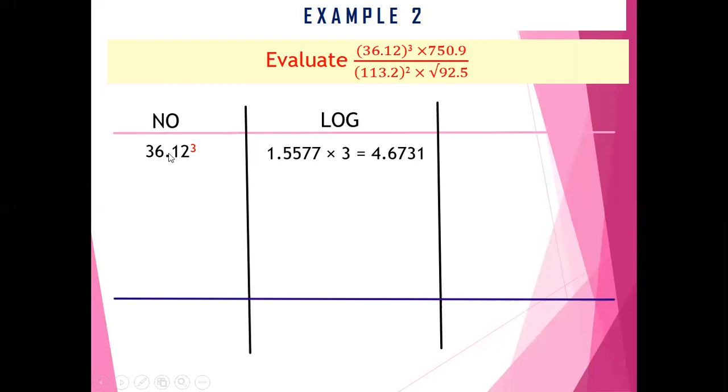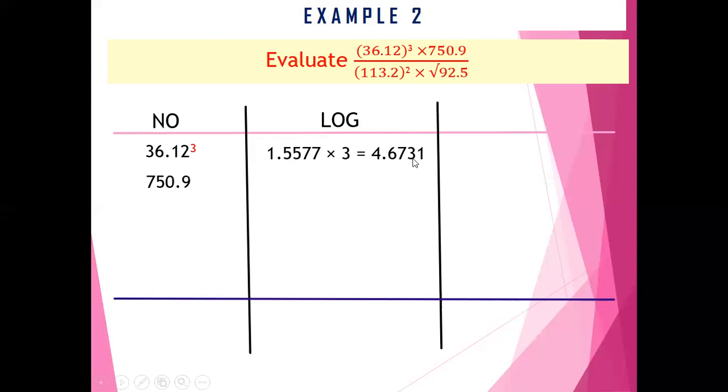And remember that if we're going to check this in the 4-figure table, this is moved once to be 3.6 in standard form, so our characteristic is 1, and to get the fractional part, the mantissa, we check 36 under 1, difference 2. So please check your logarithm table and confirm that this is 5577. So when you multiply by 3, you should arrive at this.